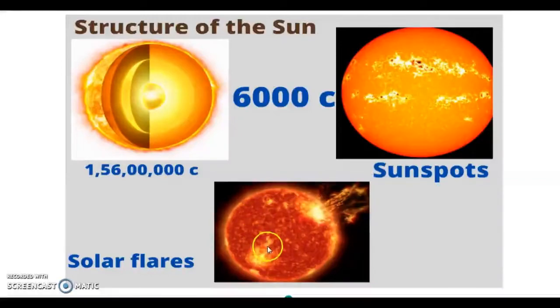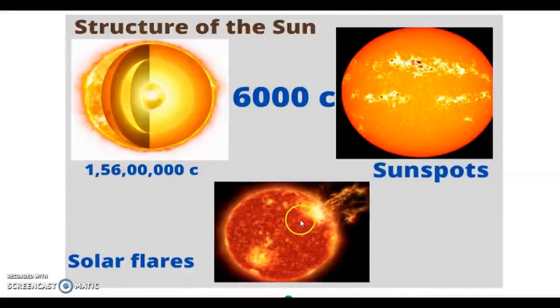And sometimes the sun produces some bursts. It releases great blasts of energy. What happens on the sun's surface? Yes, sometimes great blasts happen on the sun's surface.